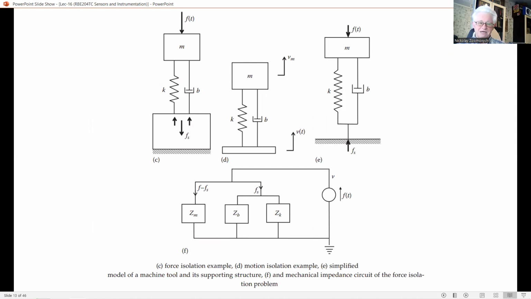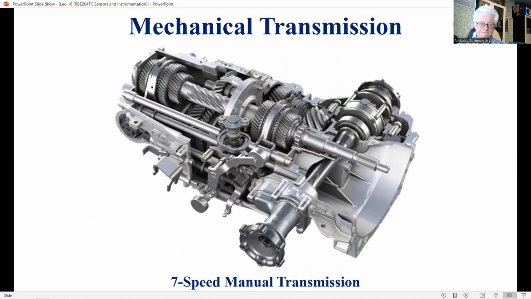I hope you remember that. And then the response vibration spectrum is obtained by multiplying the excitation spectrum by the transmissibility function T. The associated design problem involves the selection of the isolator impedance parameters K and B to meet the specification of isolation.